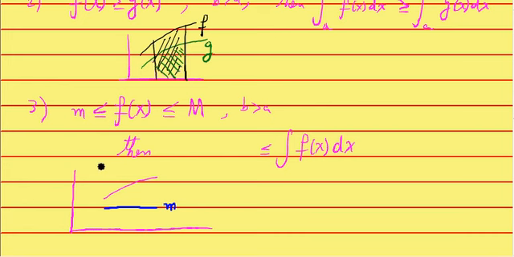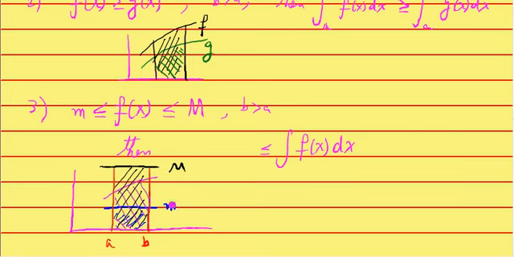Suppose you know it is smaller or below this capital M. So if you are going to integrate it from a to b, then the area under the blue is going to be less than area under the actual curve, which in its own turn is less than the area under that top function, the black function, all the way up there.